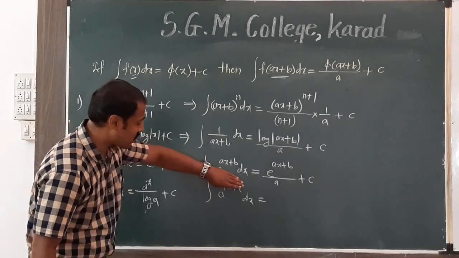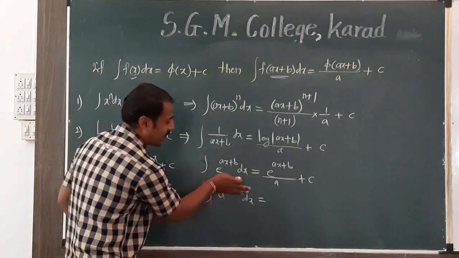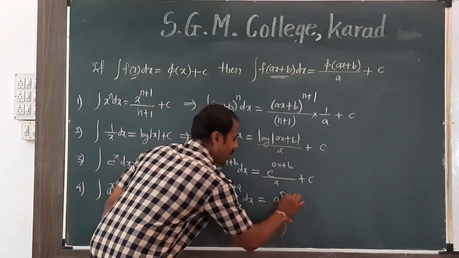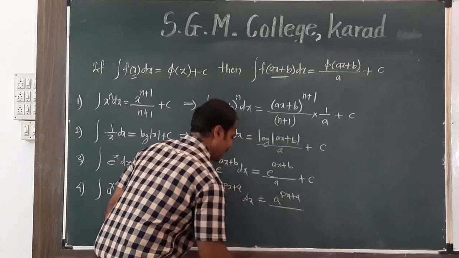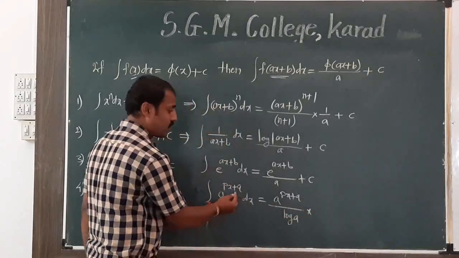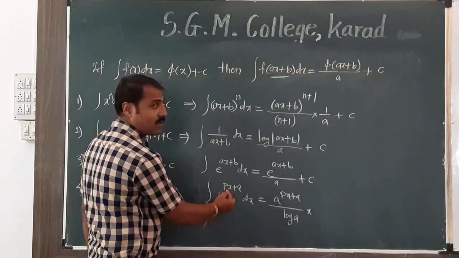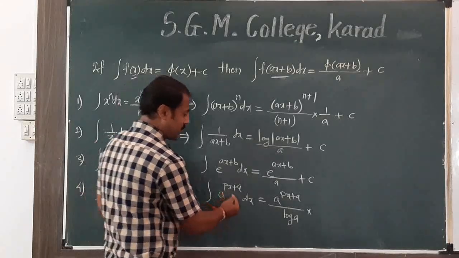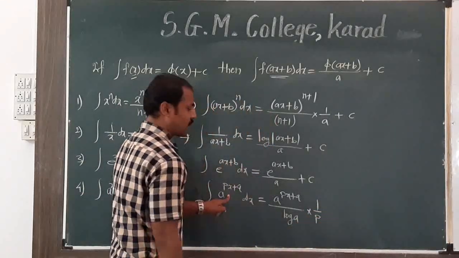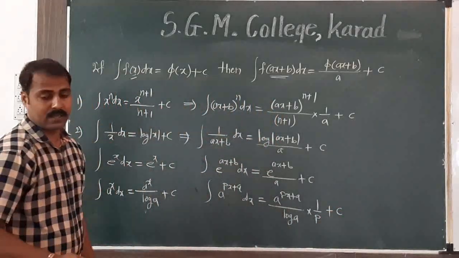Integration of a raised to x is a raised to x divided by log a. So integration of a raised to px plus q is a raised to px plus q divided by log a. Don't forget to divide by the coefficient of x, that is p. Here I multiply by its reciprocal, that is 1 upon p, plus constant of integration c.